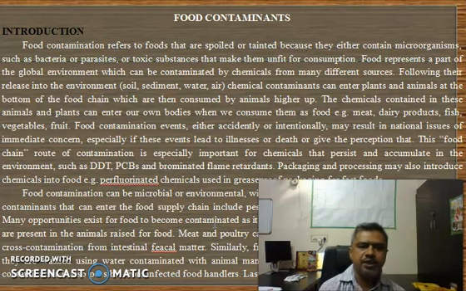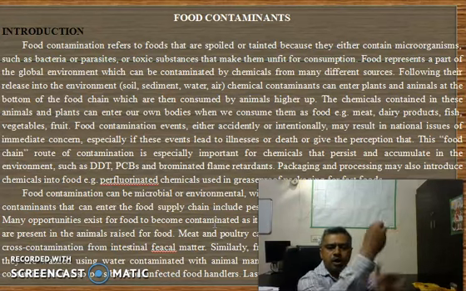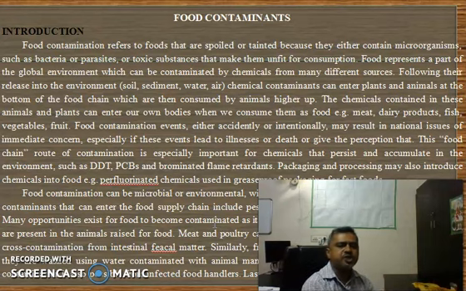To start with, bacteria are present in animals raised for food. Meat and poultry can become contaminated during slaughter through cross-contamination from intestinal fecal matter.